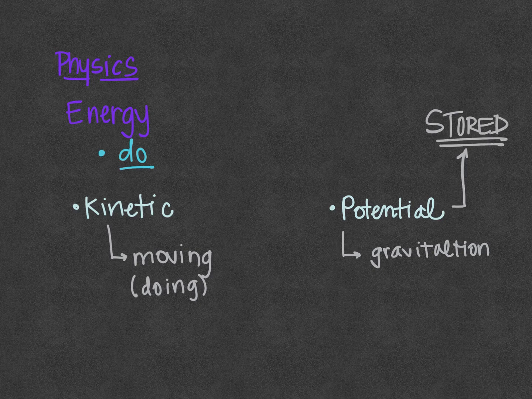So it's what's stored. Now, we can have energy stored in the motion or stored in the location. So for gravitational energy, it was all about the position of an object. Now, we can also have potential energy as energy stored in a spring or something that's elastic.